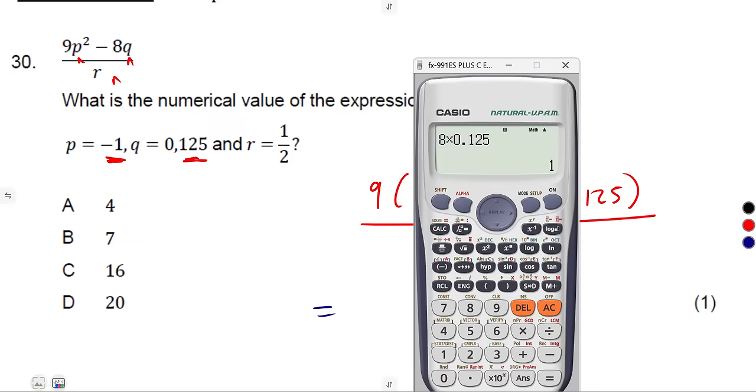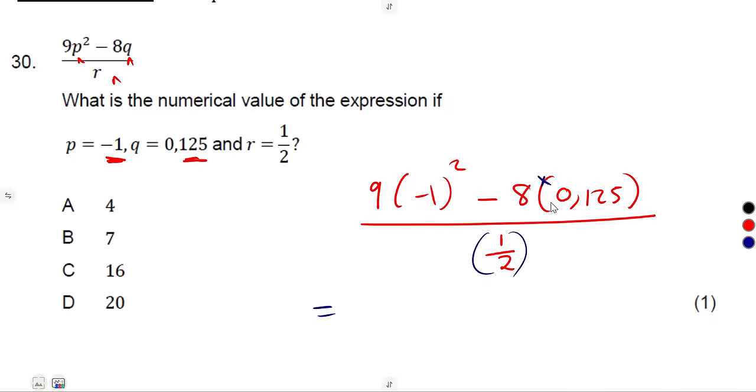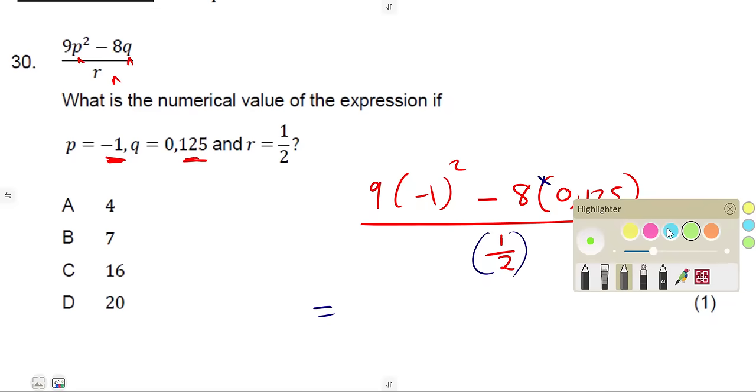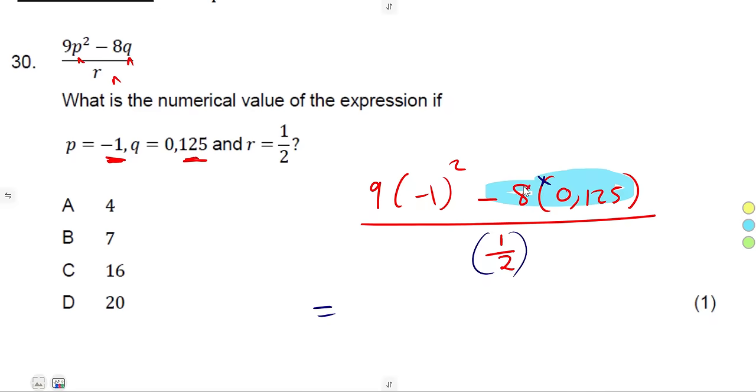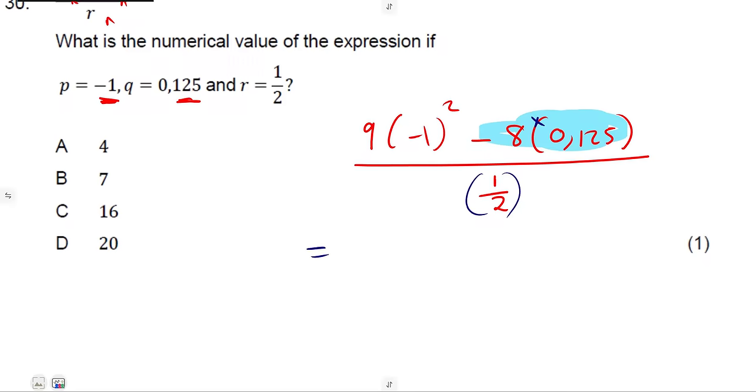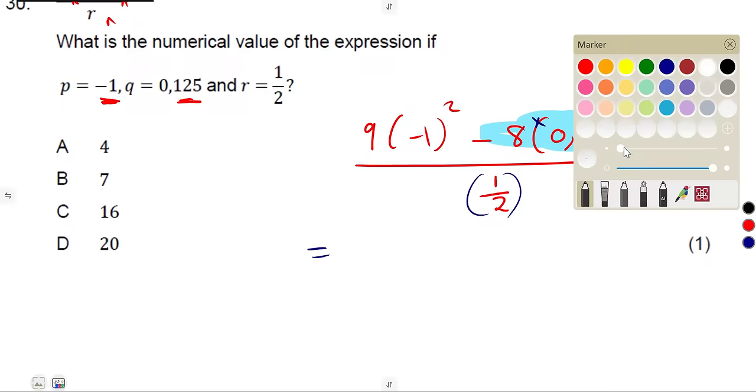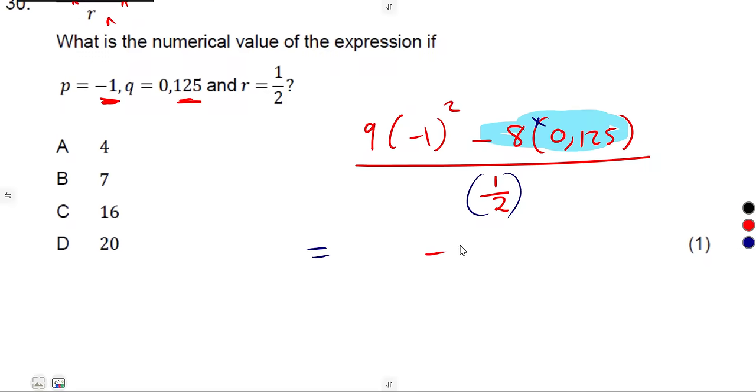So 8 times 0.125 gives us what? A 1. The product of 8 and 0.125 is a 1. So that's minus 1 there. Okay, minus 1 squared, that's 1. And 1 times 9 is what? 9.